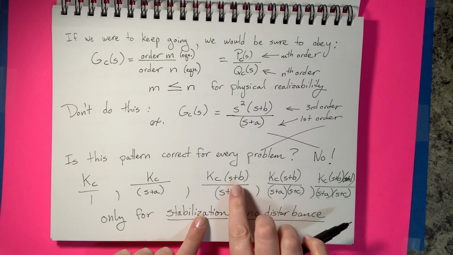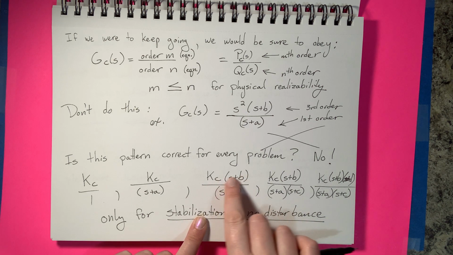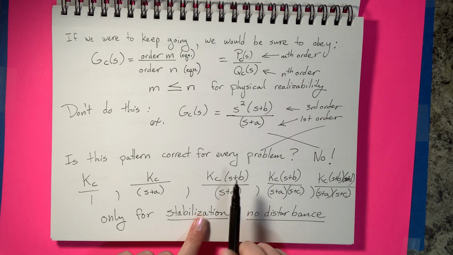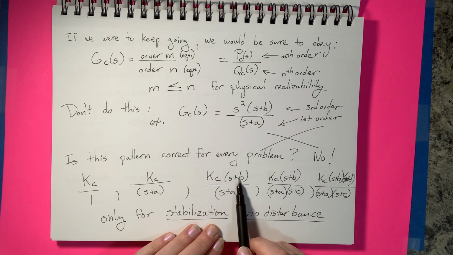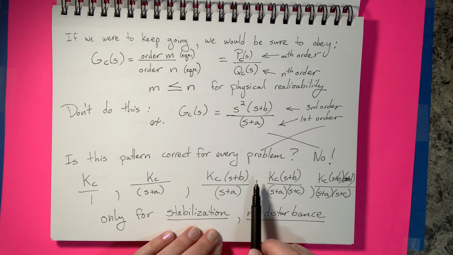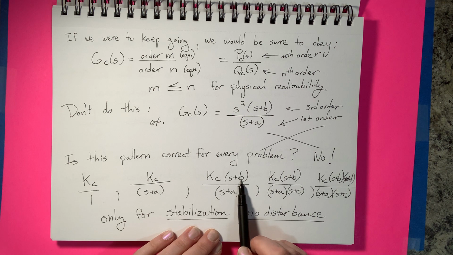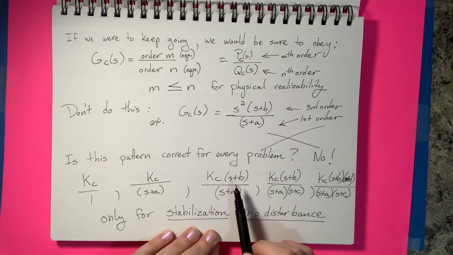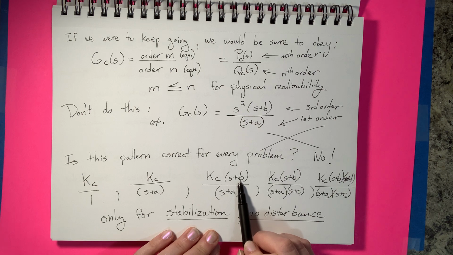So if I add this S plus B to the numerator, I have my B variable now involved in the equation. And as we'll see shortly when we do examples, you're going to have the ability to stabilize stuff using this B variable, okay? The advantage is that because it's not in the denominator, I am not going to have an increase in my system order.